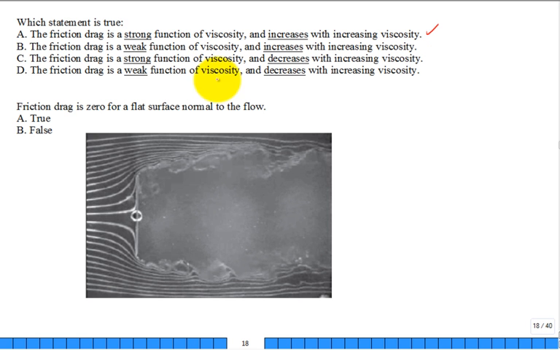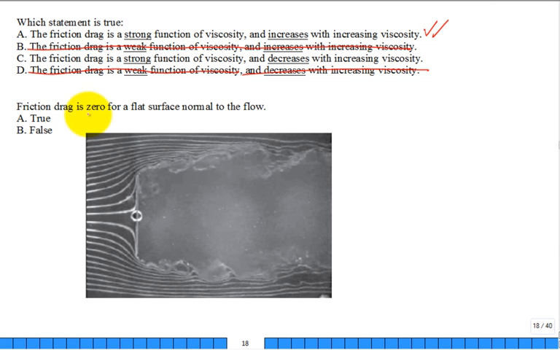Well, it's a strong function of viscosity, isn't it? I mean, it's proportional to viscosity. So let's get rid of the weak. Now, what about, does it increase with increasing viscosity or decrease with increasing viscosity? Which of those two is correct? It goes up with the viscosity. If the viscosity goes up, it goes up. So this one's right.